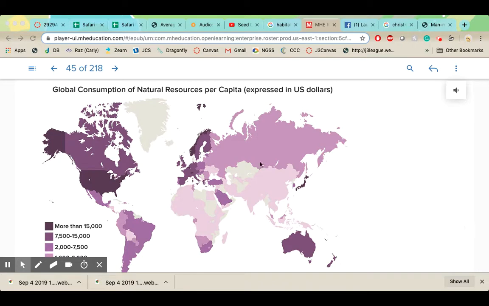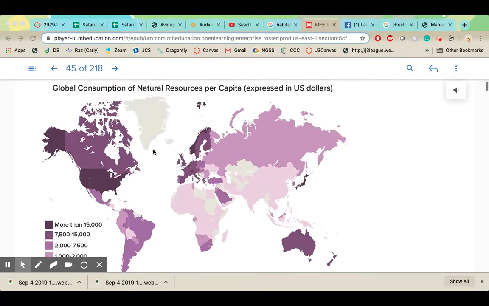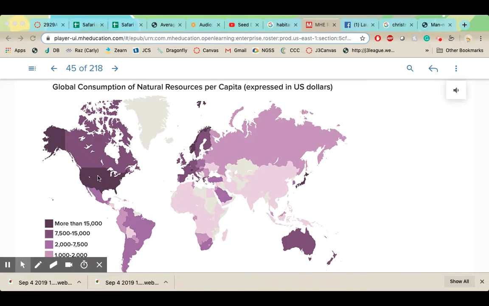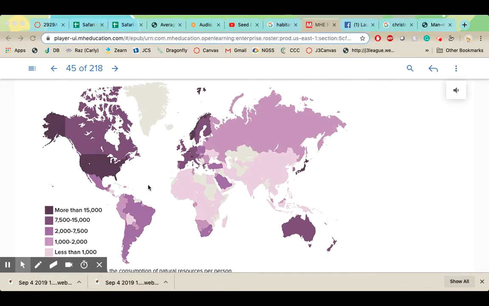So, natural resources per capita, that means for how many people are in the United States, we are the dark purple, meaning we are using so many natural resources per person. And then the lighter colors, they're not using very many natural resources at all.